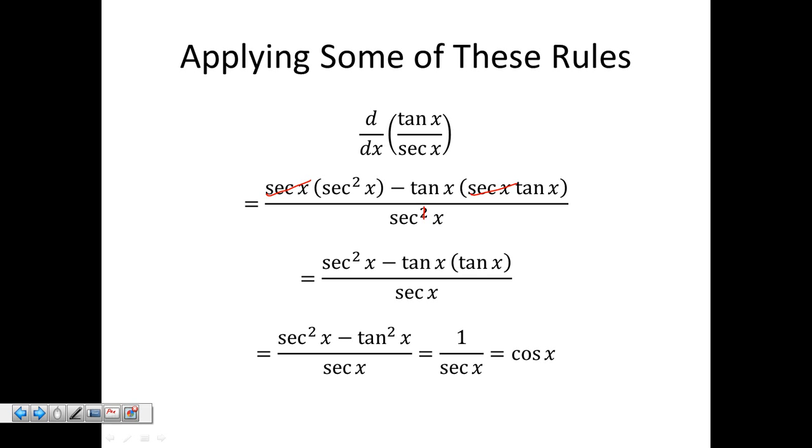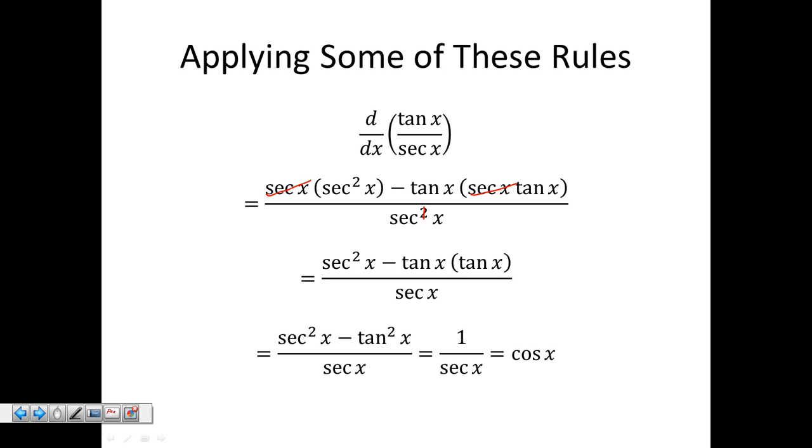Well, you should always check your trig identities, and I've got trig identity sheets for you if you need them. Just let me know, I can print them out. It's going to be the exact same trig identity sheet that you saw in pre-calculus or in trig before. So secant squared x minus tangent squared x is actually equal to 1. So 1 over secant x is equal to cosine x. Well, boy, that's a really simple derivative.